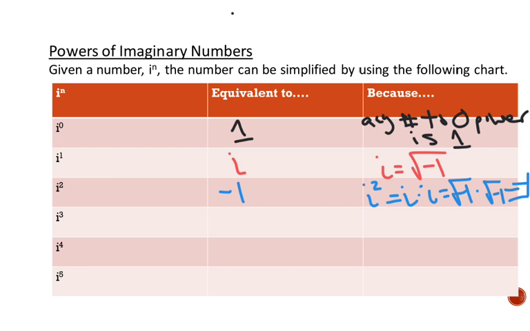i to the third is going to be equal to negative i because that's the same thing as saying i squared times i, which is like negative 1 times i.